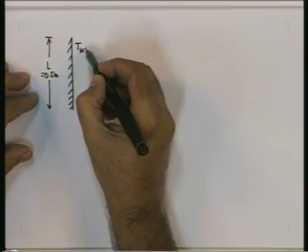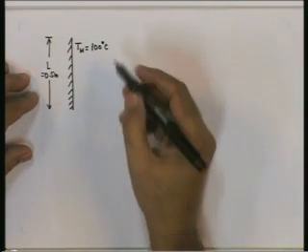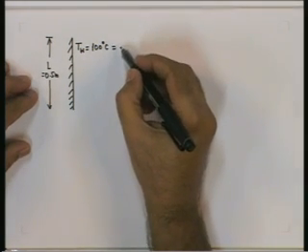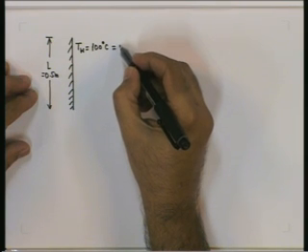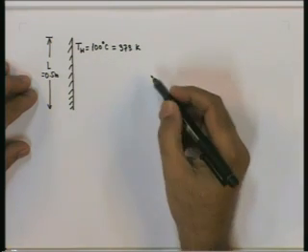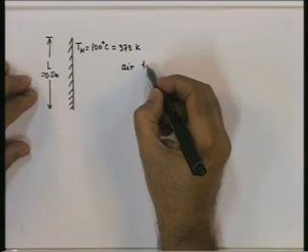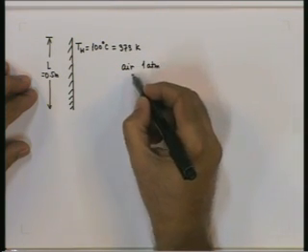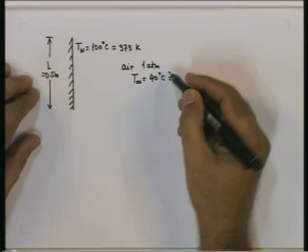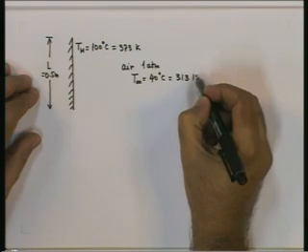Let us say T wall is 100 degrees C. Since we are going to consider radiation, we will also write the corresponding Kelvin temperature. This will be 373 K. It is exposed to air which is at 1 atmosphere. T infinity is 40 degrees C, which is 313 K.